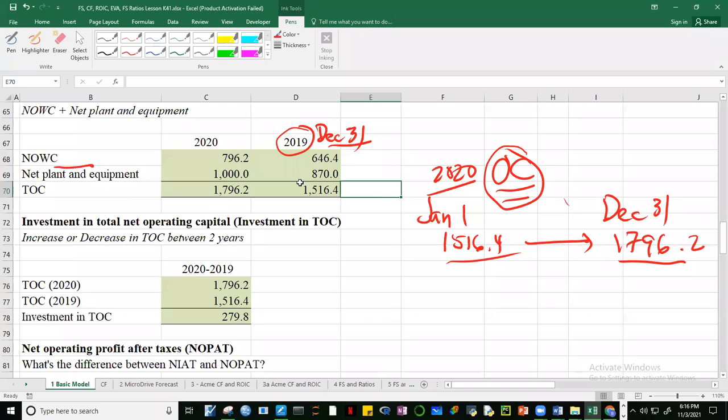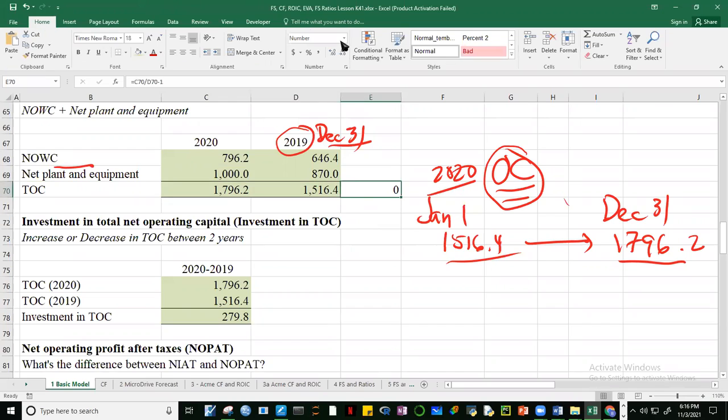That's why they invested 130 million in net plant and equipment. From 870, it ballooned to 1,000. The percentage increase is the most current value divided by previous minus 1. So that's our growth rate.